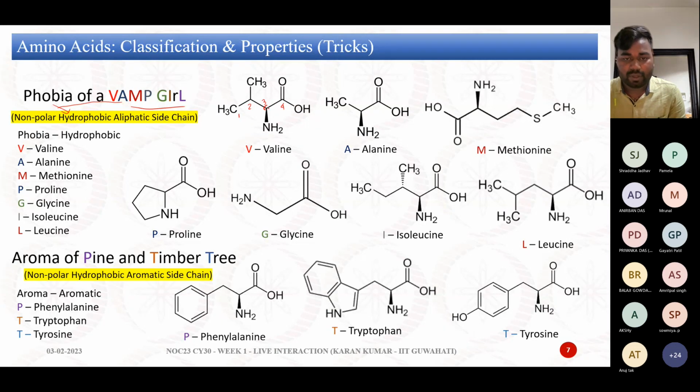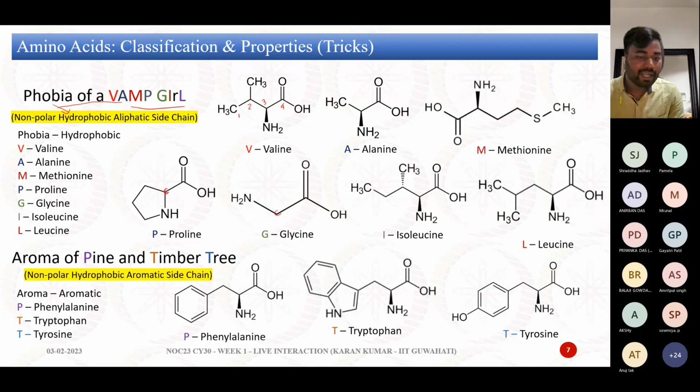Okay, so carbon 3 will be the alpha carbon. Similarly, here this carbon will be the alpha carbon. In this one, this is the alpha carbon, and in this, and in this. Then in this, which is glycine, the alpha carbon will be this one, and here the alpha carbon will be this one.